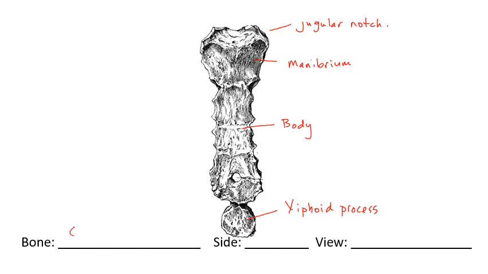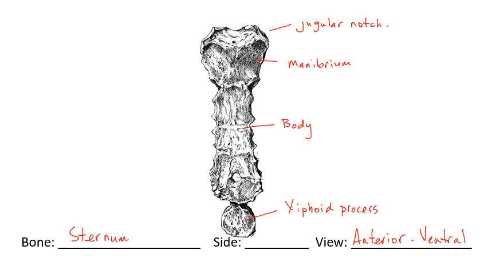And our bone, therefore, is the sternum. There's only one side, so it is what it is. We don't need to fill that out. And the view, we're looking at the front of this. So this is anterior or ventral.